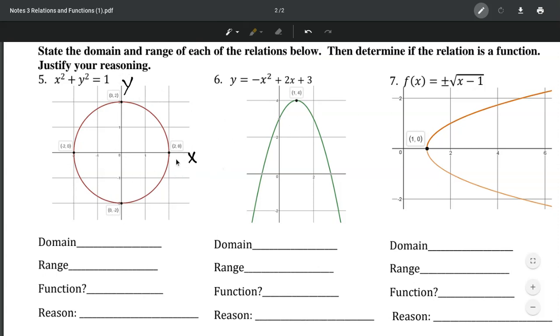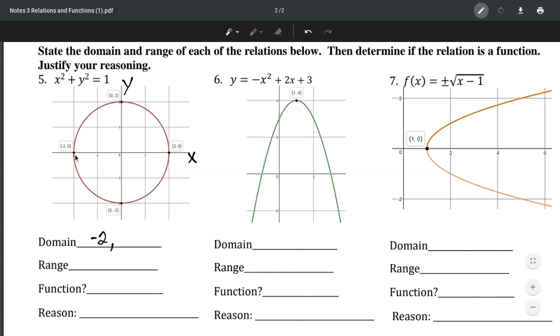To talk about our x values, we try to find the lowest x value. On your circle, what's the farthest to the left it ever goes on the x-axis? That would be this point over here at -2, 0. Which of those is your x value? That would be -2. So my domain is going to start with -2.